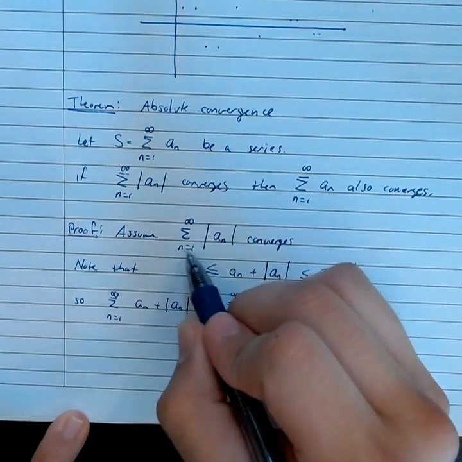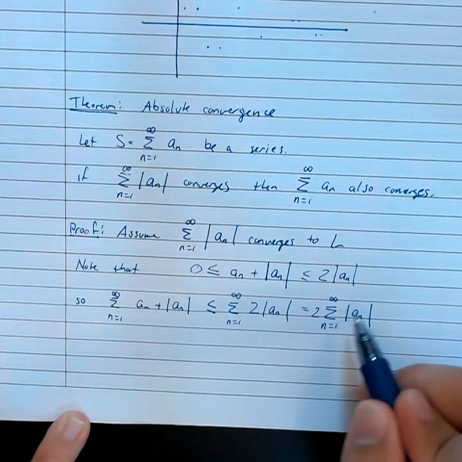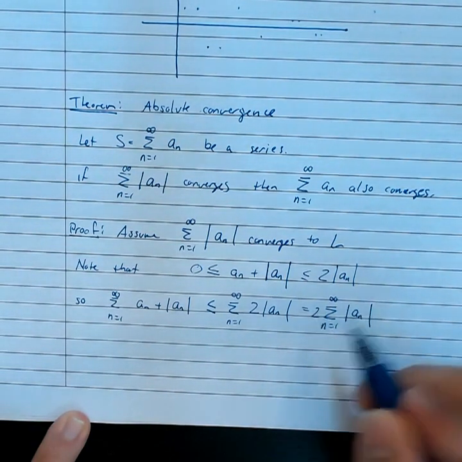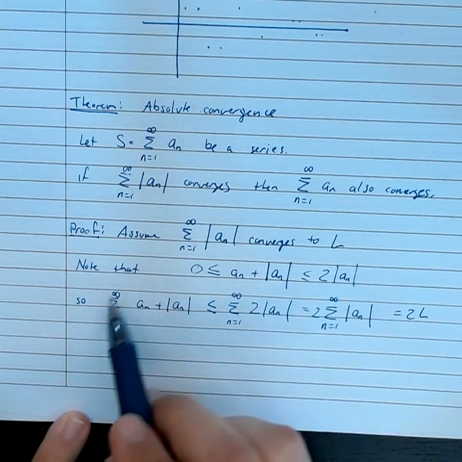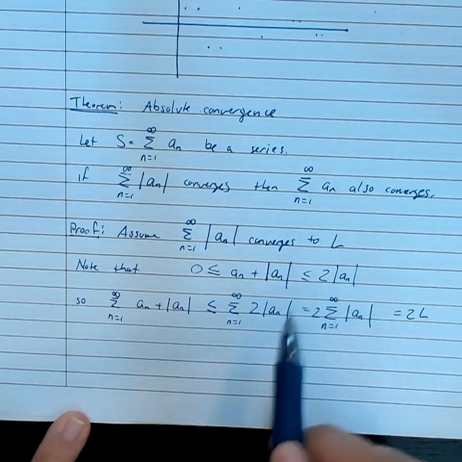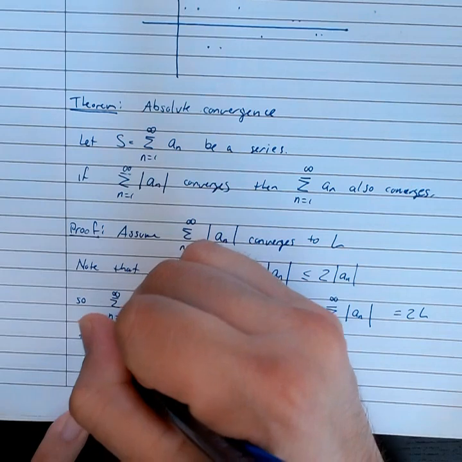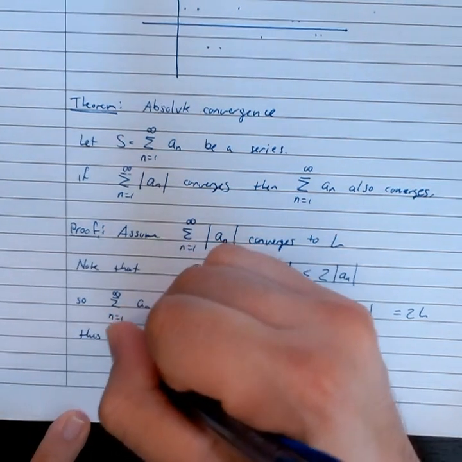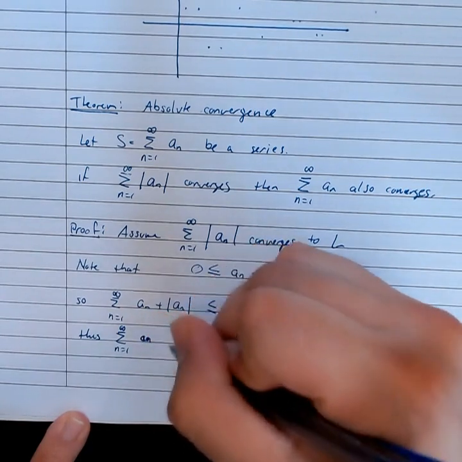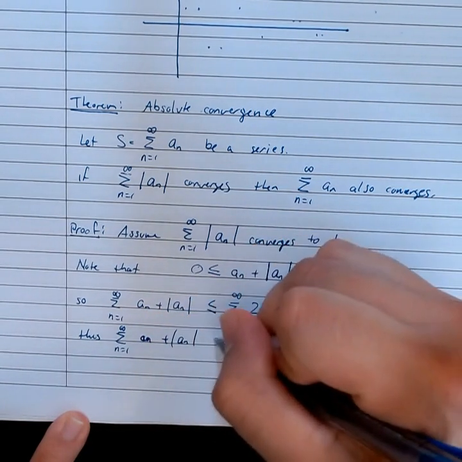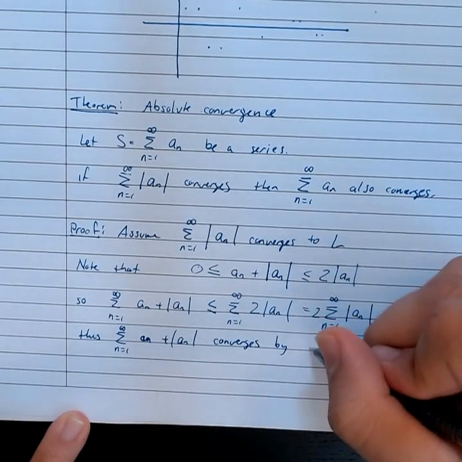In fact, let me say over here, this converges to some number L. Then that converges to L, and with the 2, that's going to be 2L. So this series is less than something that converges. That's a direct comparison test. Thus, the sum as n goes from 1 to infinity of a sub n plus the absolute value of a sub n converges by the direct comparison test.